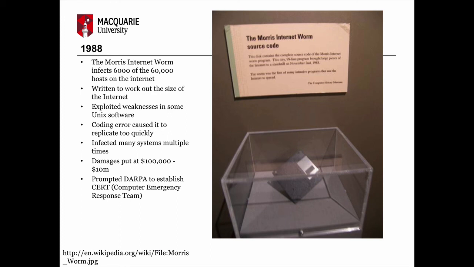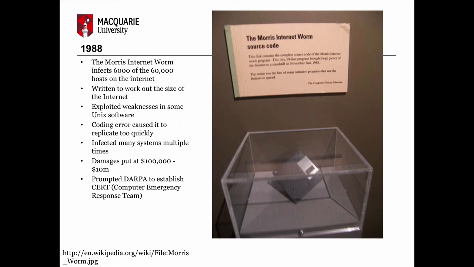It would exploit a weakness in the Unix software to allow itself to connect to this other machine and install itself on the other machine, where it would then run and do the same thing. And what he was interested in doing was seeing how big the internet was, how many hosts there were. But he had various things in the software to limit what it would do and how many times it would copy itself, but he coded it incorrectly, and it is estimated to have got to 6,000 of the 60,000 machines on the internet and dragged the traffic to a standstill.